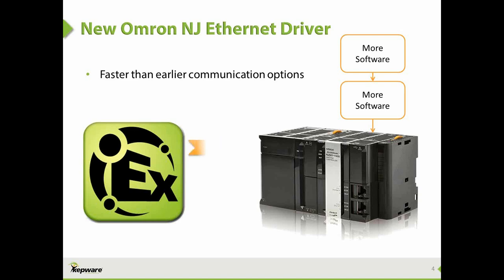Some of you may be familiar with CIP, Common Industrial Protocol, and Ethernet IP. So what you might want is an Omron NJ native driver that communicates using Ethernet IP to fully realize the benefits from that device. With those considerations in mind, Kepware responded to help cover this gap and developed the Omron NJ Ethernet Driver for KEPServerEX.